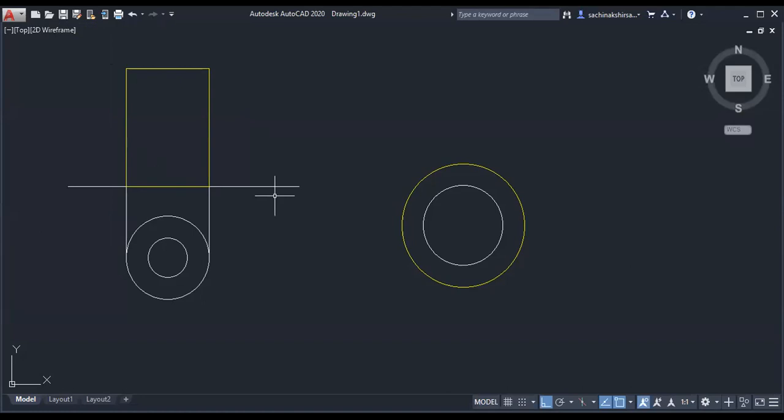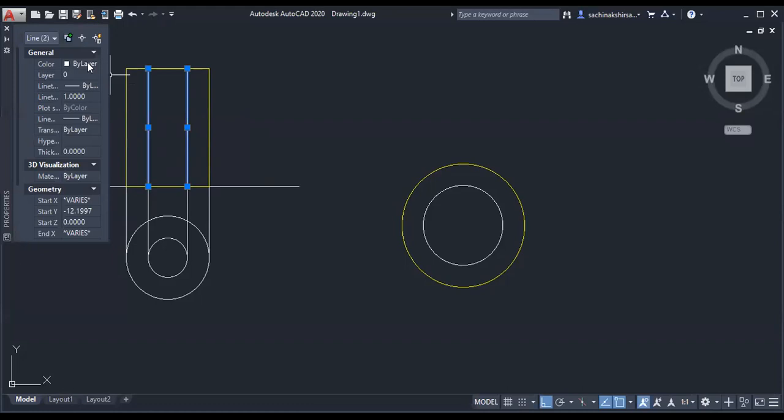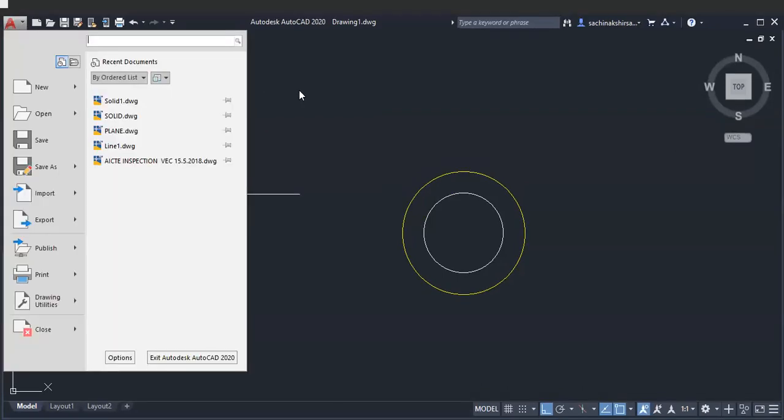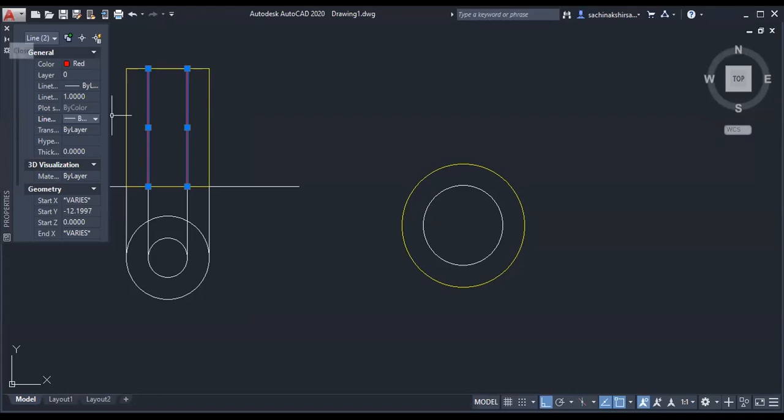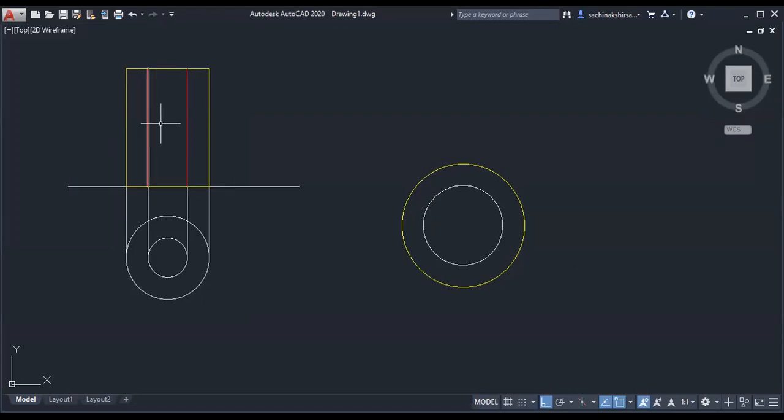Whatever lines we are observing, these two lines, should be dotted. Why should they be dotted? Because in the front view we are not observing this, so that's why it should be dotted.